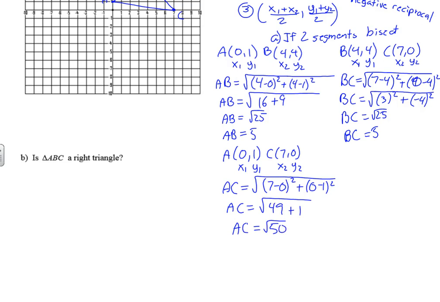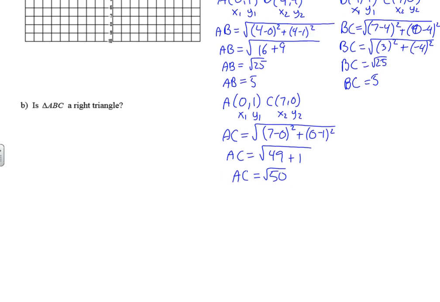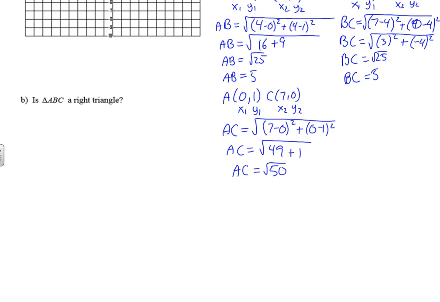All right, so here's the conclusion that we can make. And this is the way we do it differently than statements and reasons. So we're going to say that AB is congruent to BC because they have the same distance. So therefore, these three little dots are a therefore.